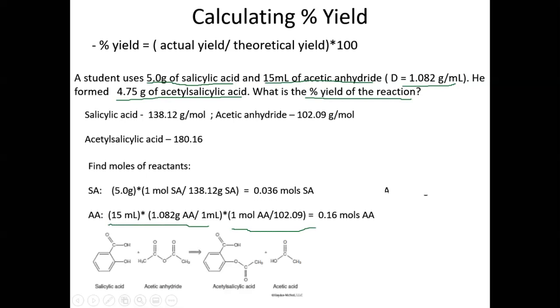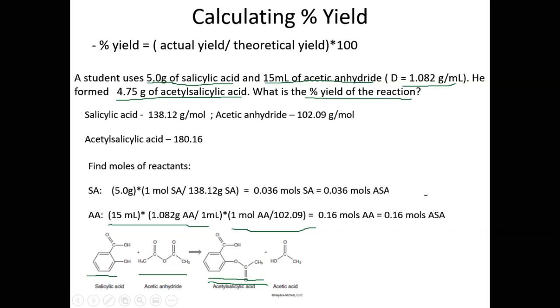Now, one of the neat things about organic reactions is typically they're a 1-to-1 ratio. So 1 mole of salicylic acid produces 1 mole of acetylsalicylic acid. 1 mole of acetic anhydride produces 1 mole of acetylsalicylic acid. So they're both 1-to-1 mole ratios.